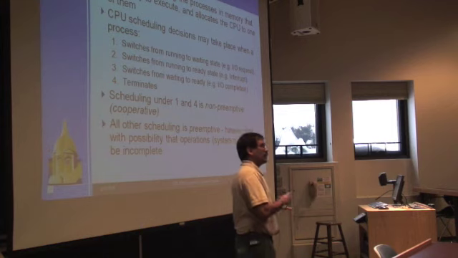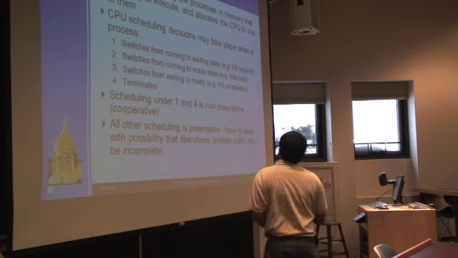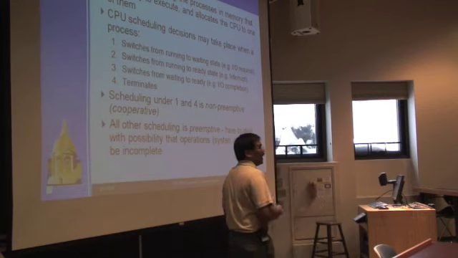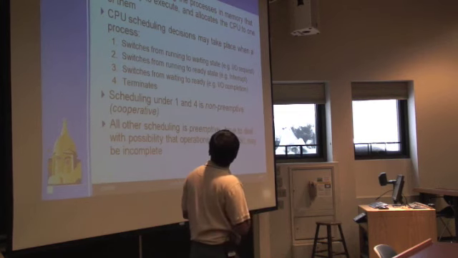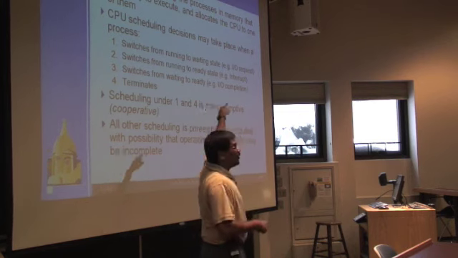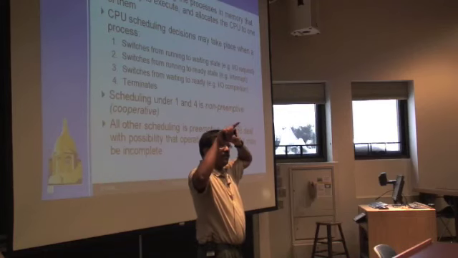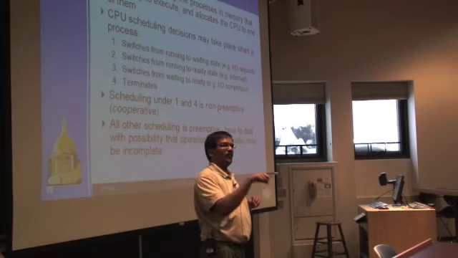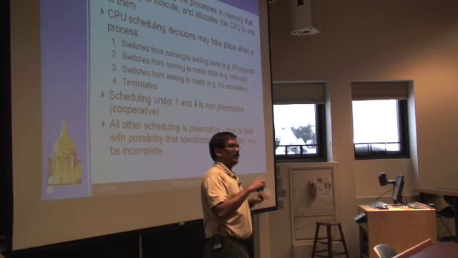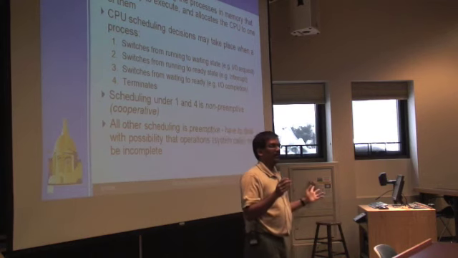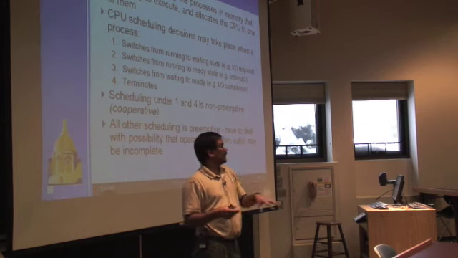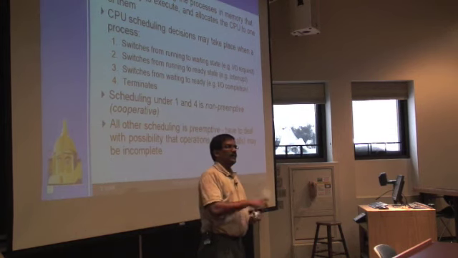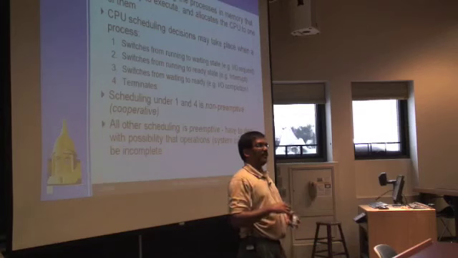So I can choose a process to run if the process is waiting on an I/O request, if a process is switching from running to wait state. In the state diagram, when you go from running to wait state, I can decide scheduling. I can decide when to do scheduling, how to do scheduling on the system. If a process is going from waiting state to ready state, I can decide. If a process goes from ready to run state, I can decide.